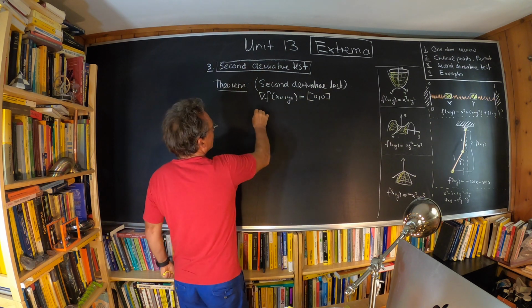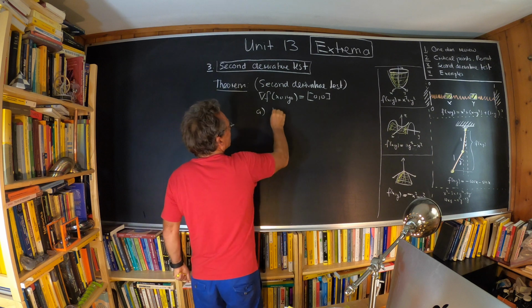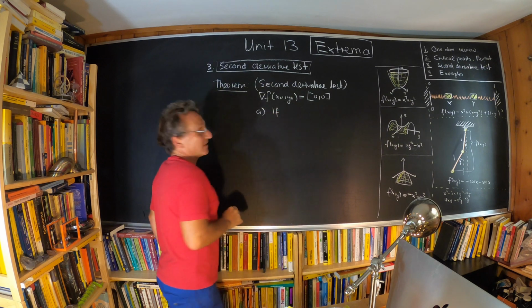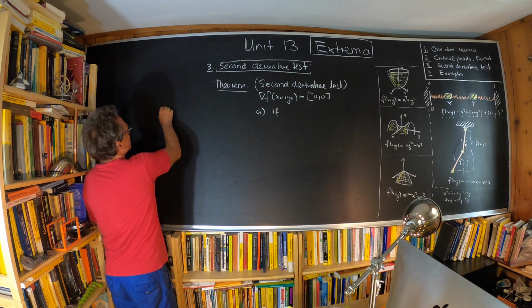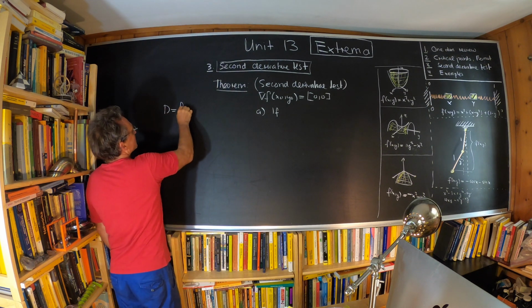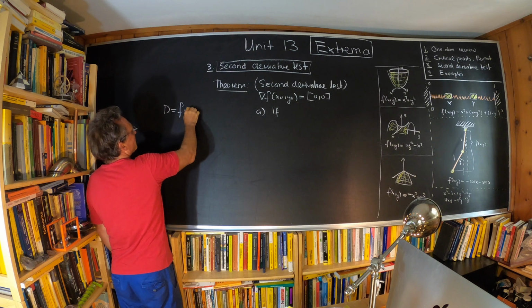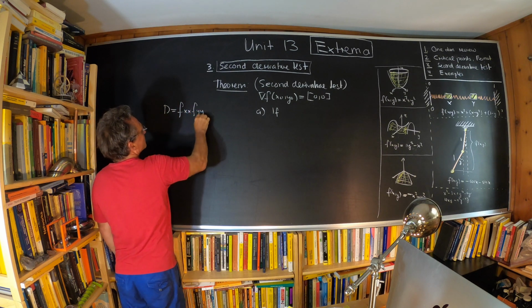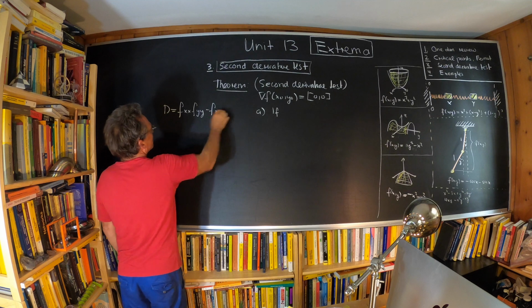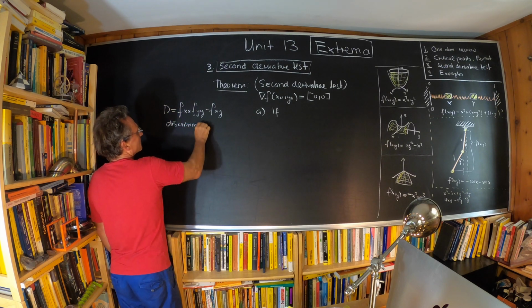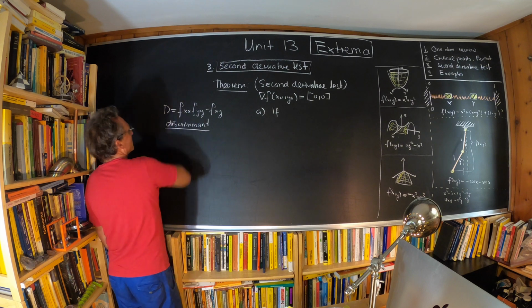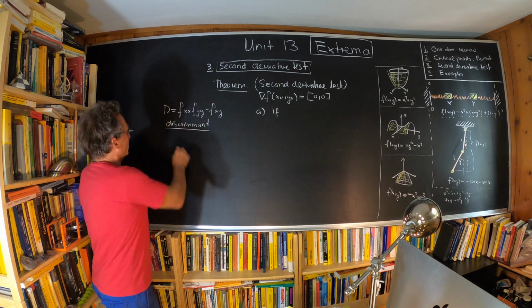So the case A is if, for that I have to introduce a number. It's called a discriminant. It's a very nice number. So this is fxx fyy minus fxy squared. It's called the discriminant. So you can also remember it like this.